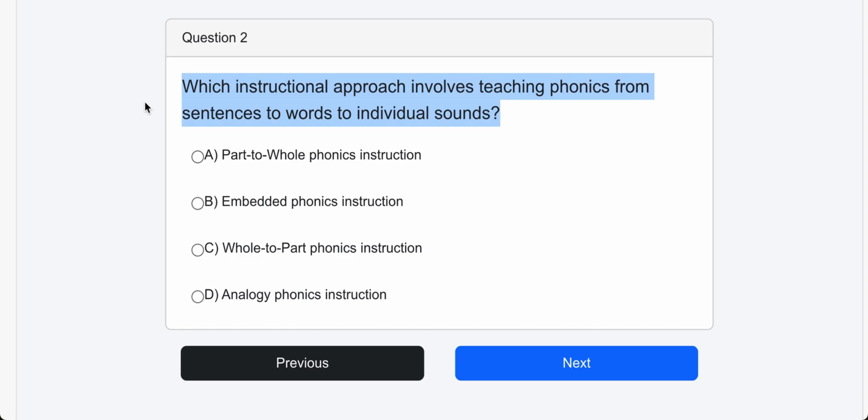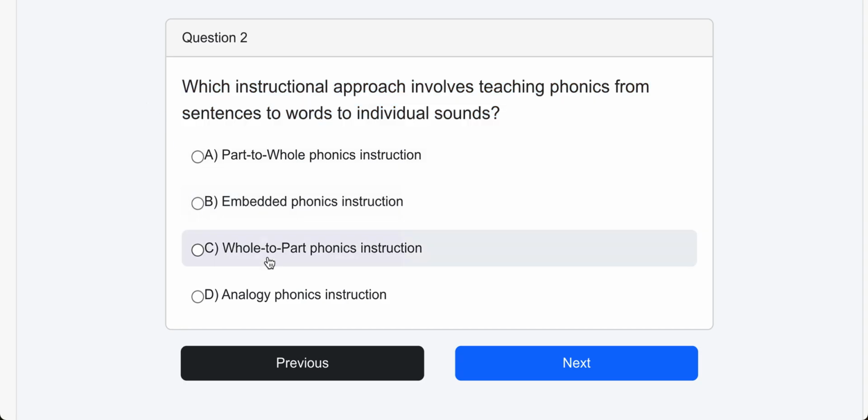Now remember that whole to part phonics instruction starts with sentences and moves to words. So it goes from big to small, from whole to part. And then it focuses on individual sounds, kind of narrowing down further. And for that reason, for question number 2, we're going to select whole to part phonics instruction.